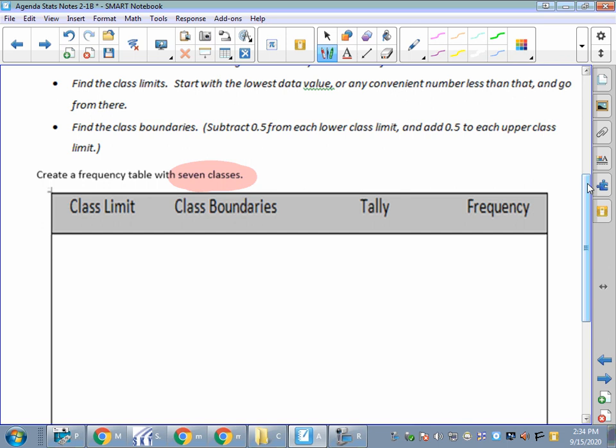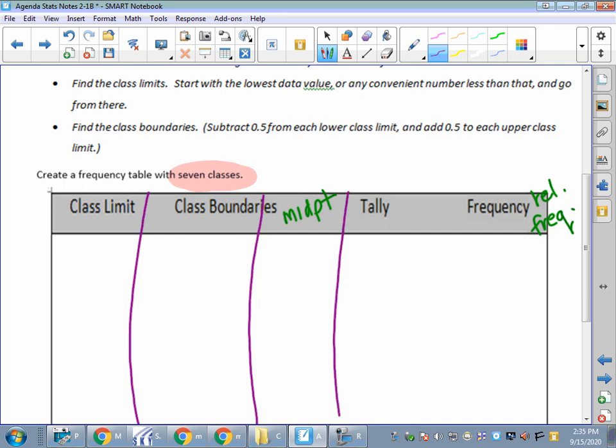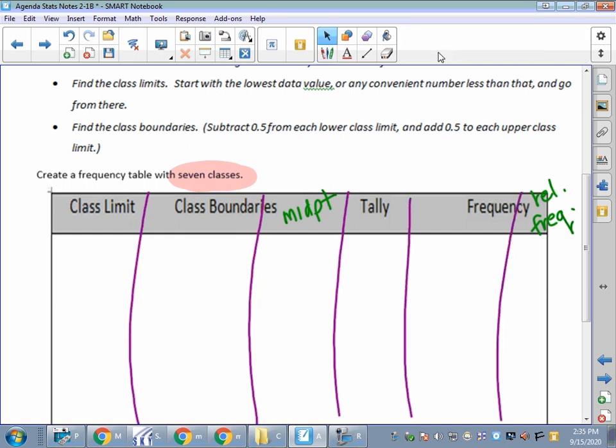So add in here midpoint and relative frequency. There's probably enough space to scooch those in there, right? So class limits, class boundaries. There we go. That should do it. So do that. Let's talk about it. Let's see how this goes. I gave you a lot of hints and then those directions, so keep me posted, and happy frequency tabling.